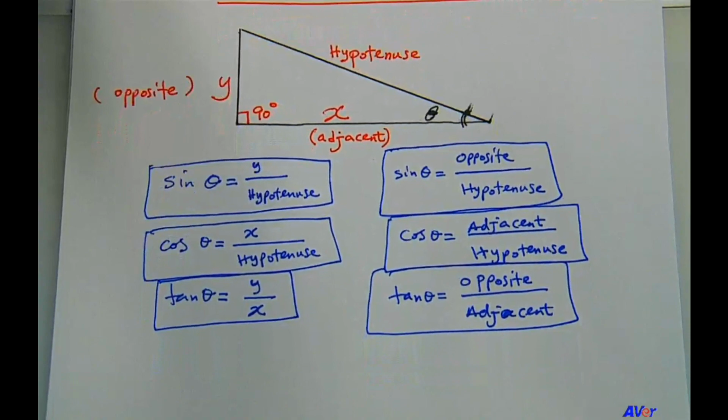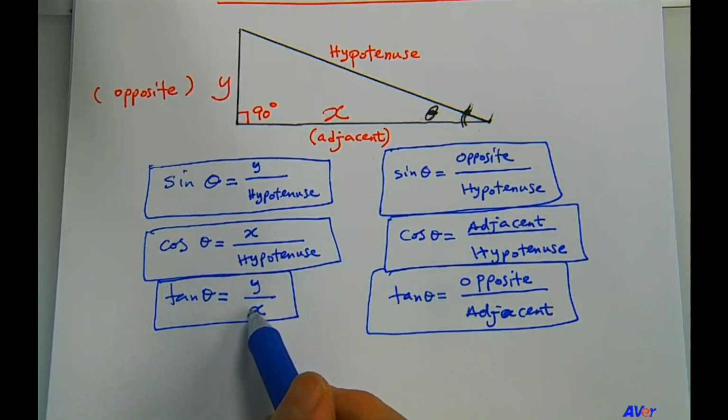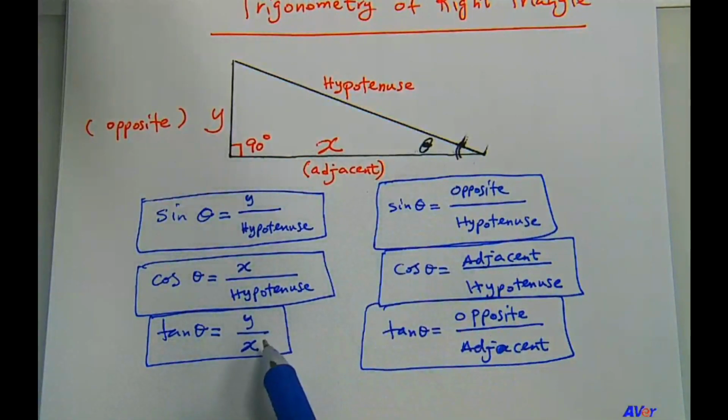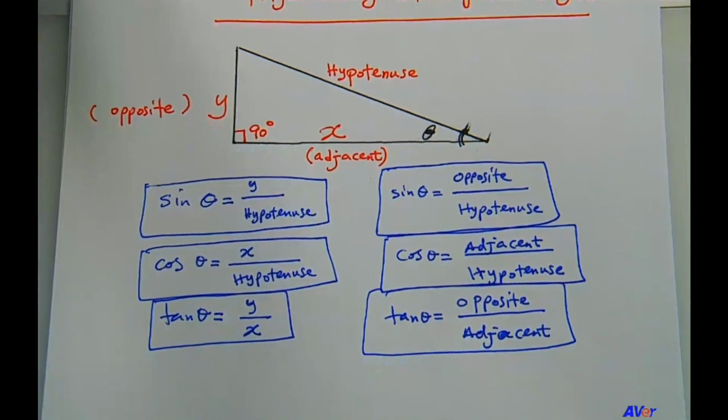Again, this way of writing the relationship in the right triangle with tangent theta is very helpful when we get to polar coordinates later on in this course.